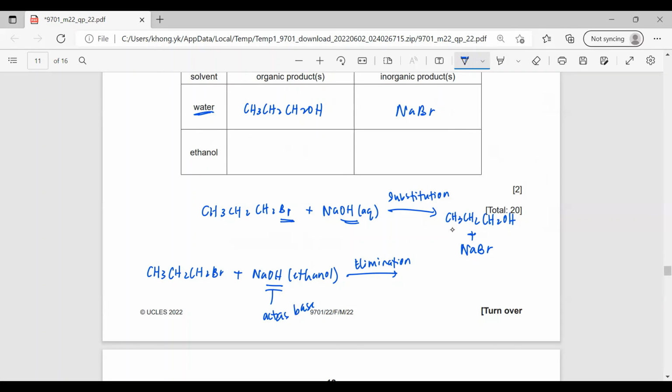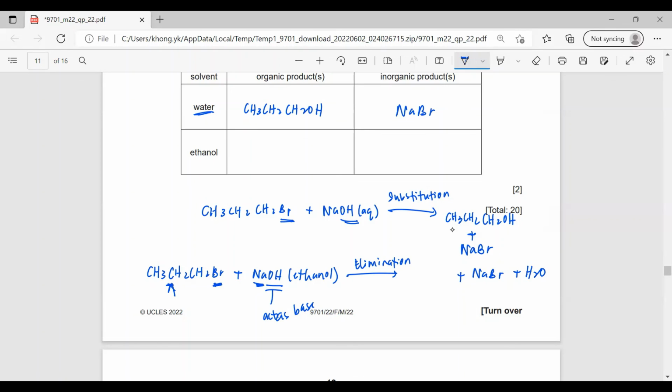So it will tend to absorb one of the H from this carbon over here, and then be eliminated as water. Other than that, the Na will join with the Br, so we get NaBr.